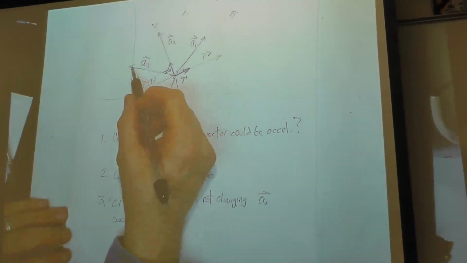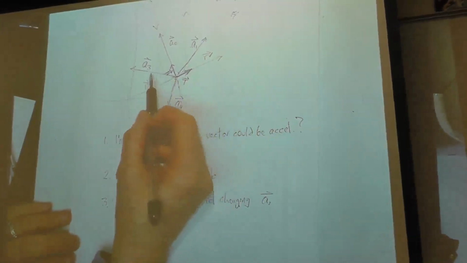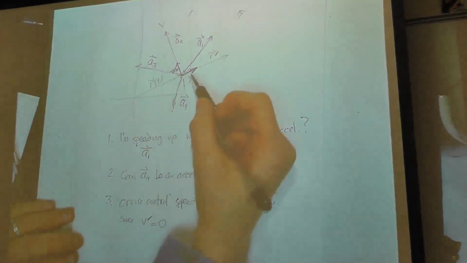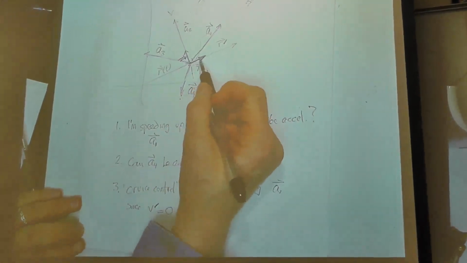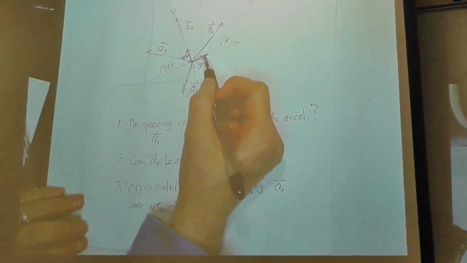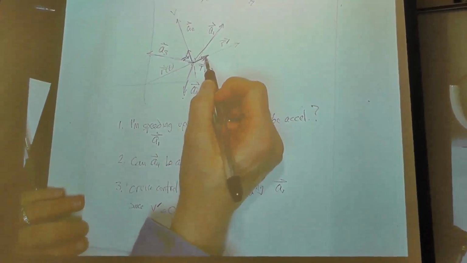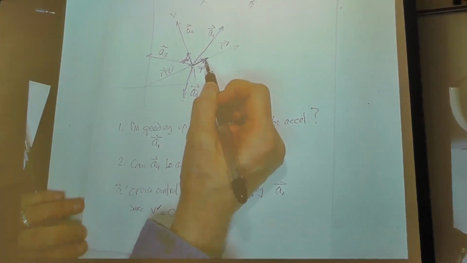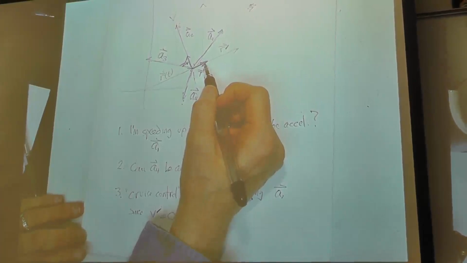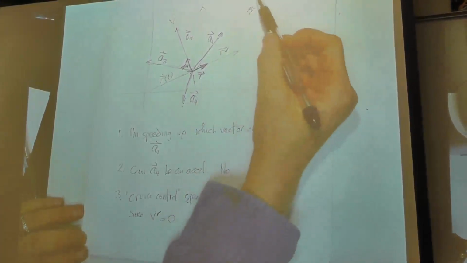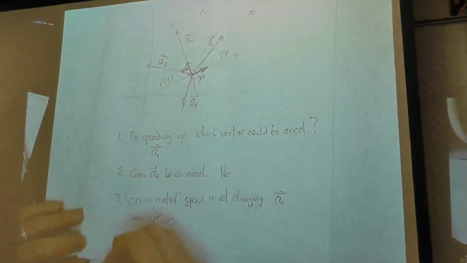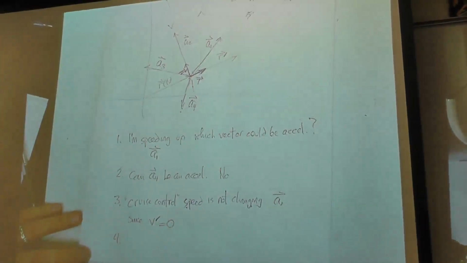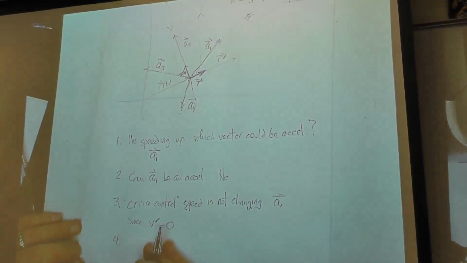Finally, A3, what pulls me back. For the vector A3, I've got to have a negative component in the tangential direction. Which means v prime has to be negative, which means slowing down.